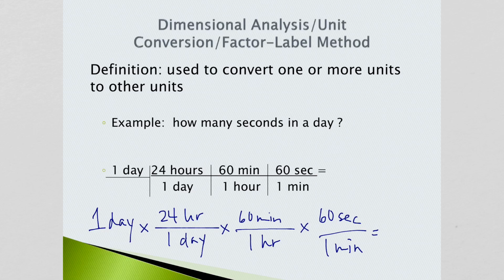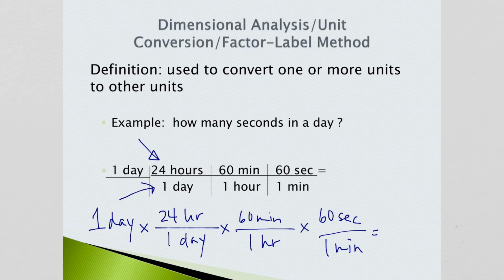Now, when it comes to entering this in your calculator, we just want to make sure we're clear about how that process would work, regardless of how you show the work on paper. When you're working across a dimensional analysis problem, any number that's in the numerator, like 24 for example, is multiplied, and you're going to do this all as one string of math, and any number that's in the denominator is going to be divided.